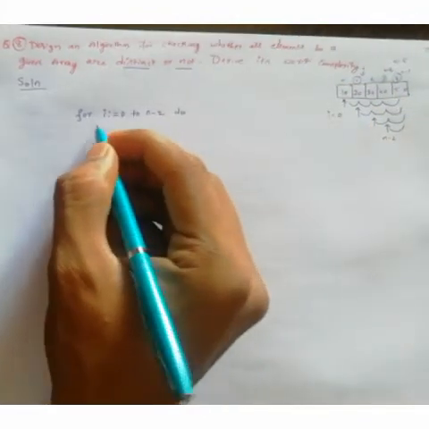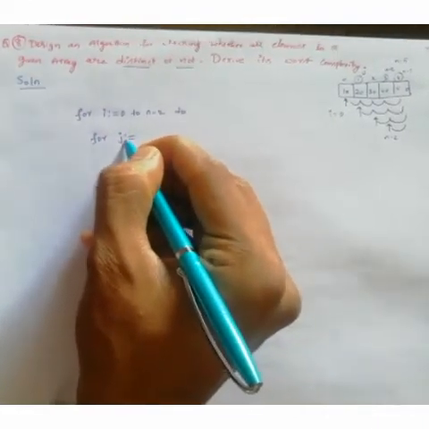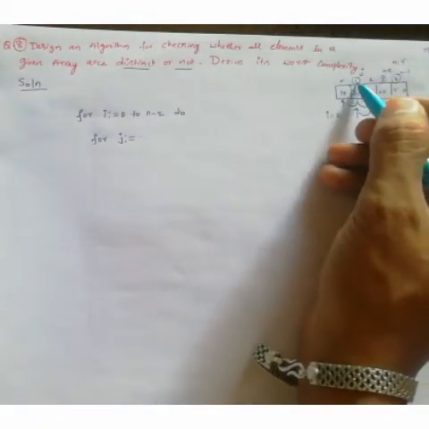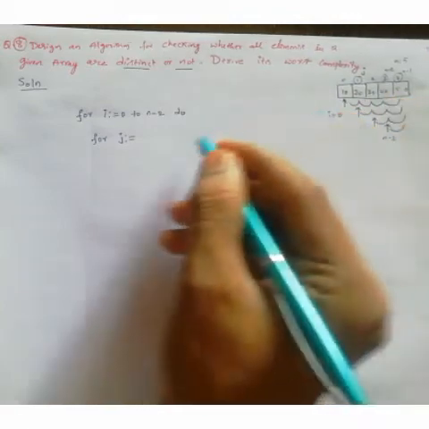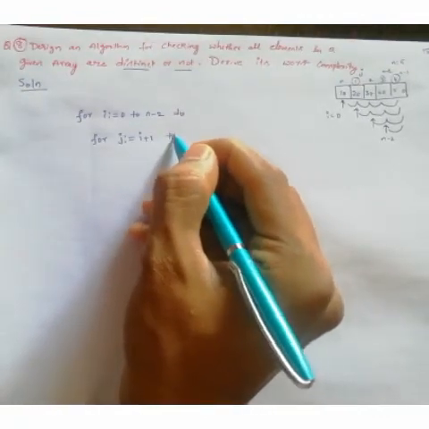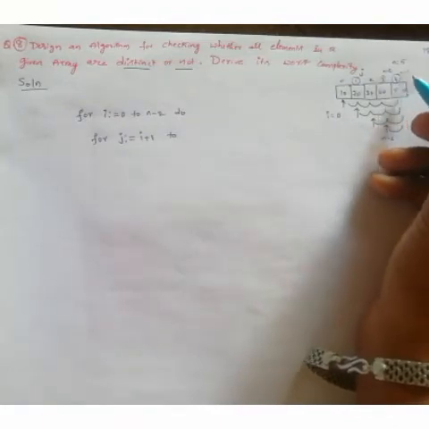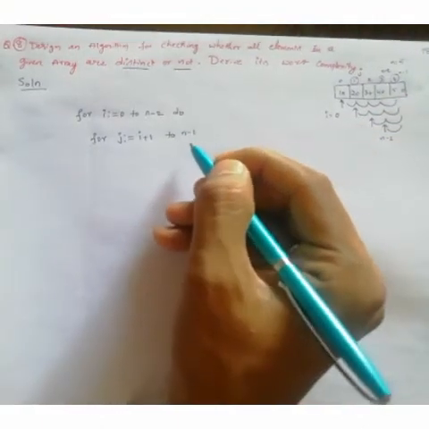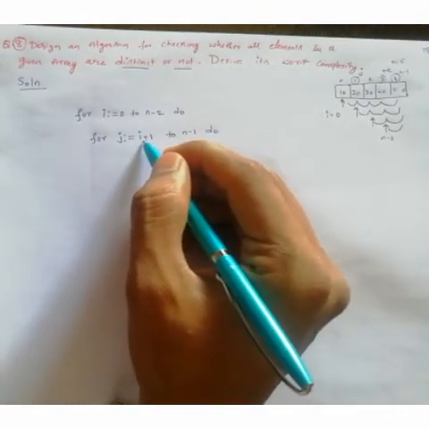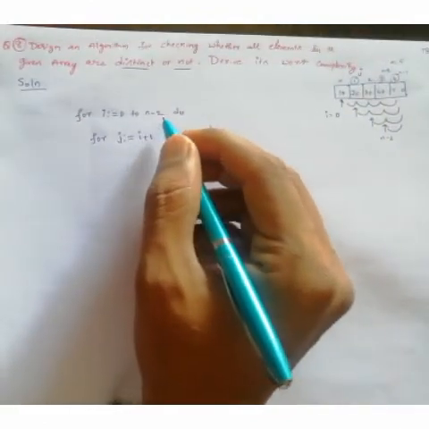That means I will use one more for loop with j equal to 1. 1 means, can I write 0 plus 1? That 0 is present in i. So can I write j equal to i plus 1? Yes. How many times? Until 50. 50 is present at index 4. 4 means n minus 1. So this loop repeats with j equal to i plus 1 up to n minus 1. The outer for loop repeats i equal to 0 to n minus 2.